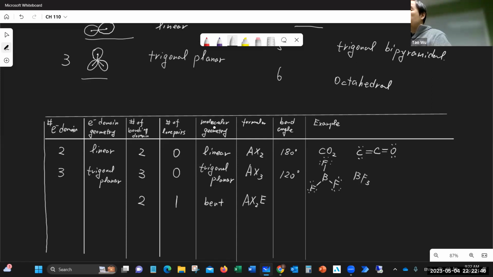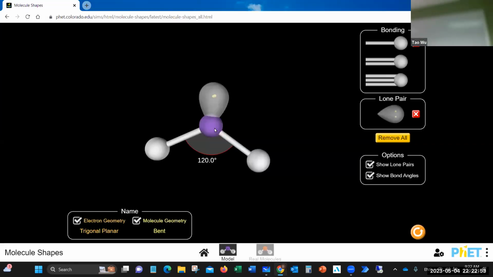The bond angle over here is going to be smaller than 120. The bond angle here still shows as 120, but technically the electron domain, the lone pair, since they have 2 electrons, usually has a bigger size than the bond.